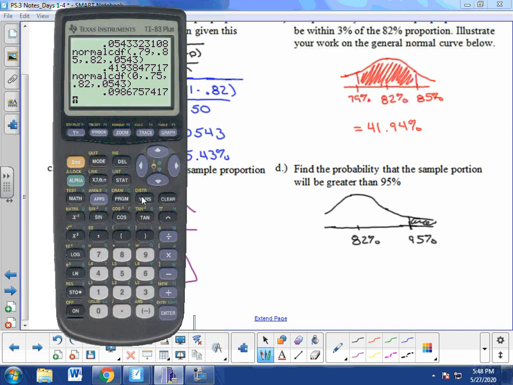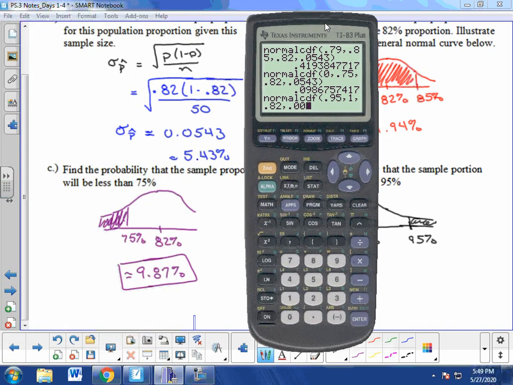So I'm going to hit second and then variables, statistics, go to normal CDF. My lower bound here is 0.95. For my upper bound, you could exaggerate that number and put in a large number, or we could just do 1 because we know that this goes up to 100%. That would be the highest value that we could possibly have in this case. If you put in a number like 10,000, that would be okay.